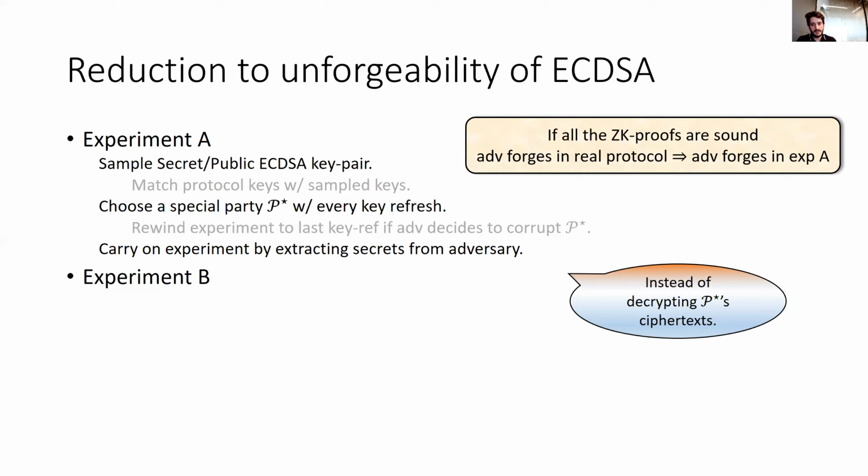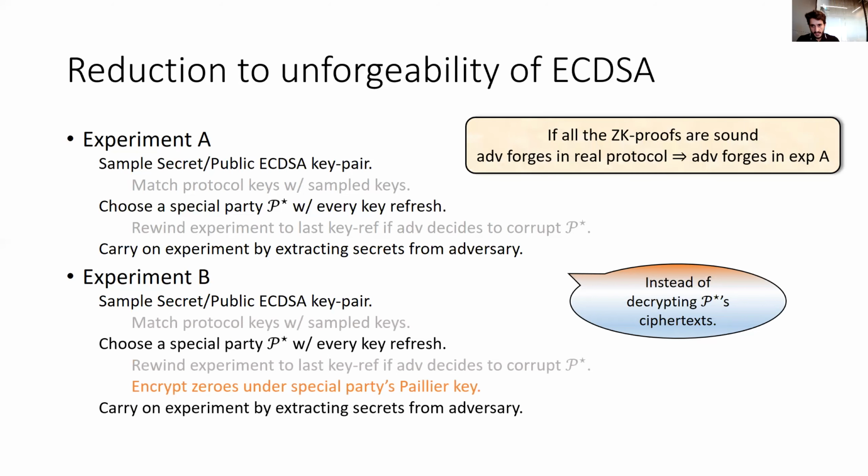The second experiment is almost identical to the first one, except that this time what the simulator encrypts under the special party's Paillier key is different. Basically, instead of encrypting real secrets under the special party's Paillier key, the simulator encrypts zeros, by which I mean it basically encrypts nonsense under the special party's keys.